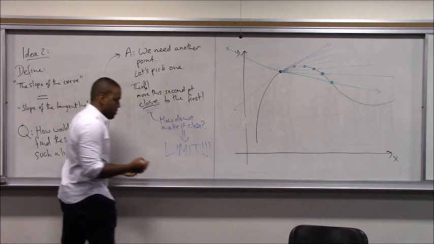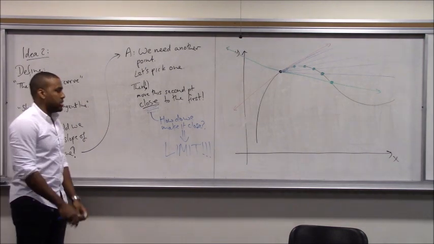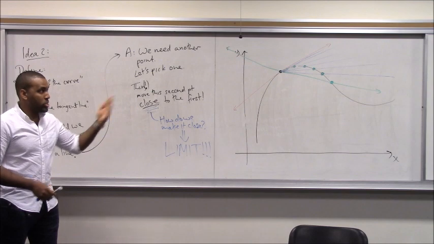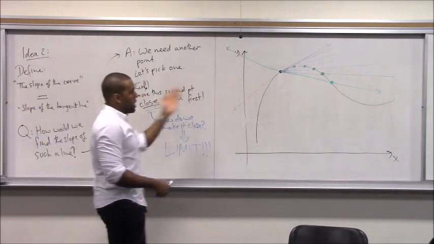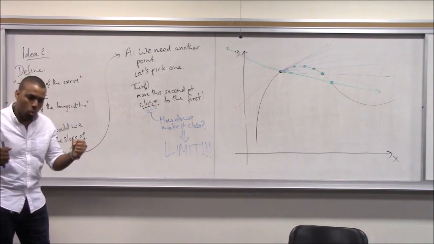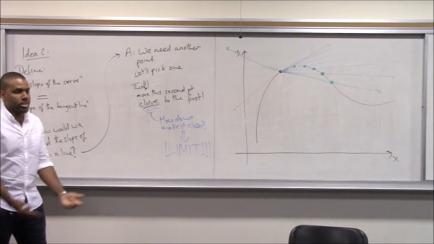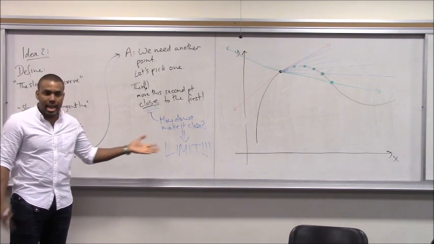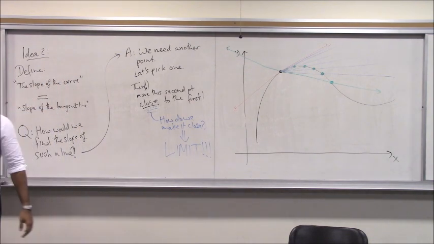The whole reason why we invented this idea, and we invented something that talks about getting close to a point but not actually being there, was for this purpose, right? We were kind of figuring out how fast a function was moving, and we needed to make one thing close to another thing. And we had to talk about, well, what does that mean mathematically? The limit was that idea distilled mathematically.